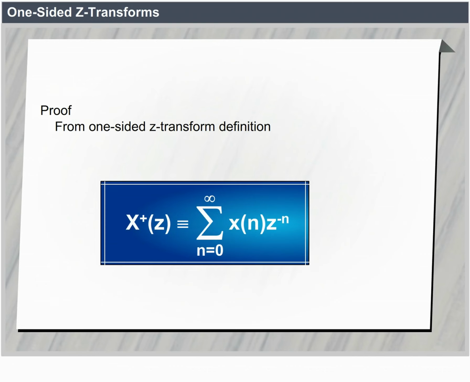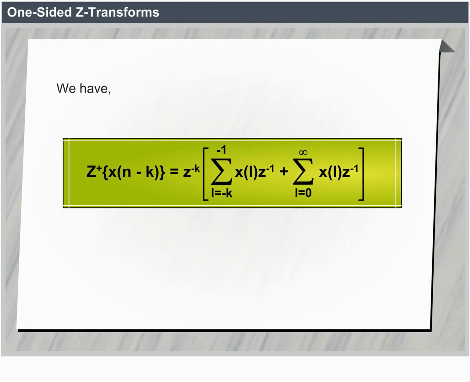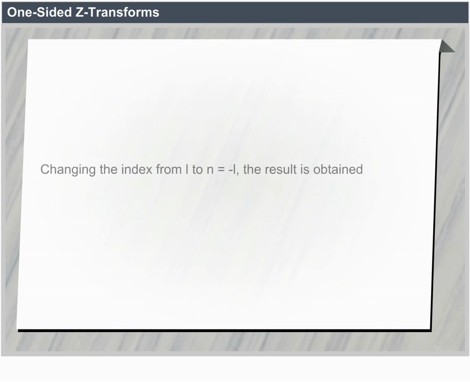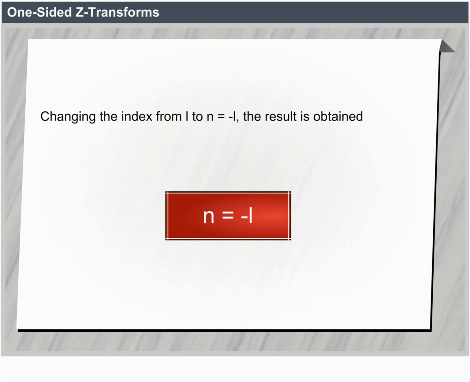We have Z+[x(n-k)] equal to z^(-k) within the bracket summation l equal to -k to -1 of x(l) z^(-l) plus summation l equal to 0 to infinity of x(l) z^(-l), equal to z^(-k) within the bracket summation l equal to -k to -1 of x(l) z^(-l) plus X+(z). Changing the index from l to n equal to -l, the result is obtained.